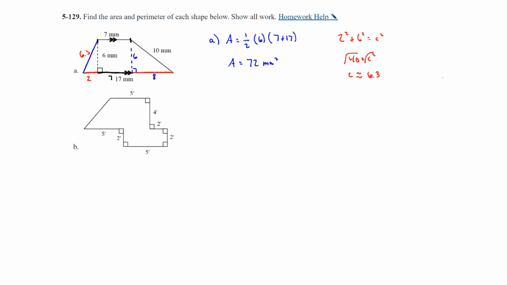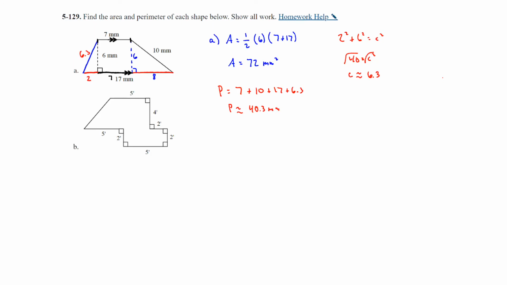Now we can find the perimeter. So the perimeter is equal to, we'll just work our way around. 7 plus 10 plus 17 plus 6.3. 40.3 millimeters is what the perimeter would approximately be.